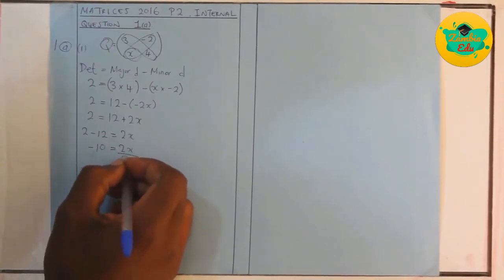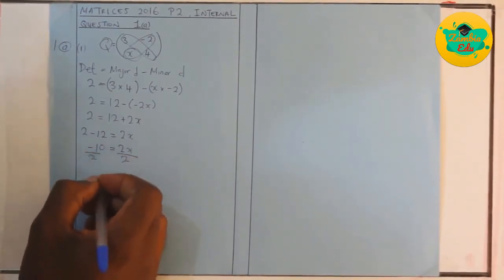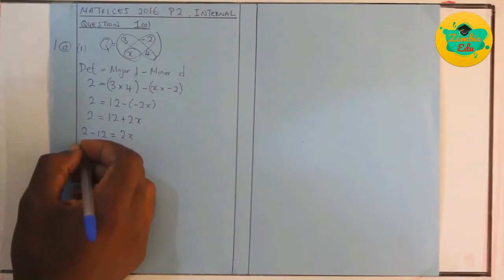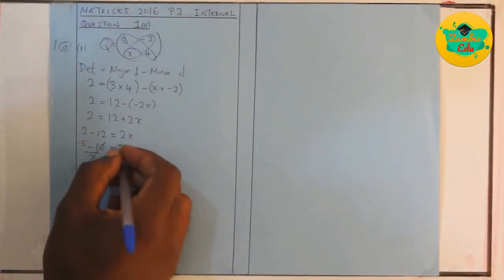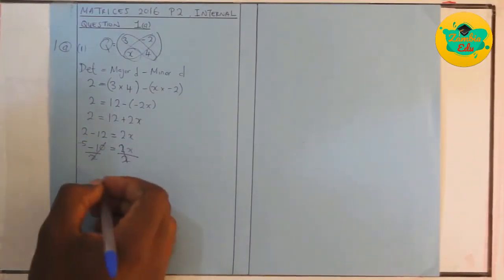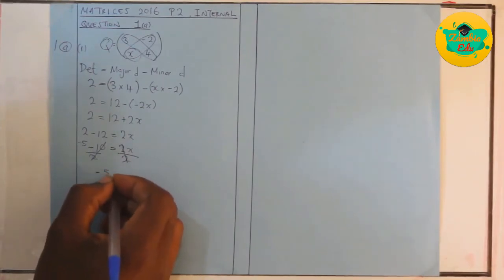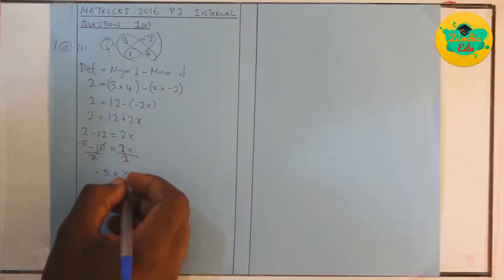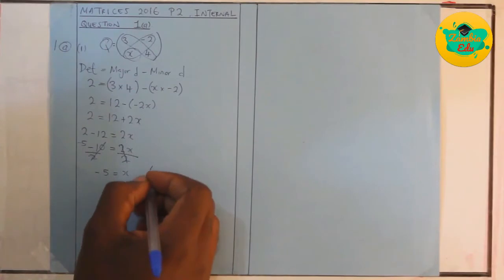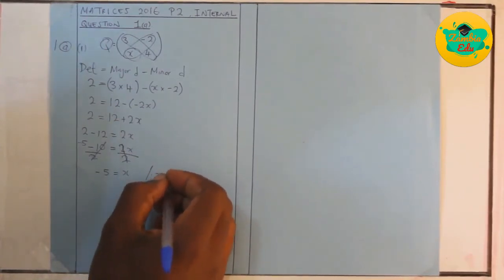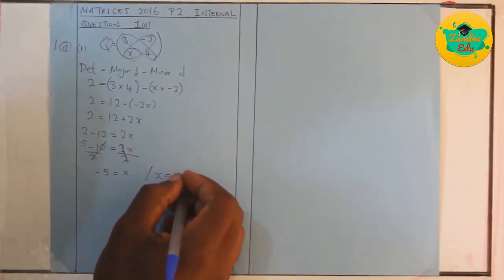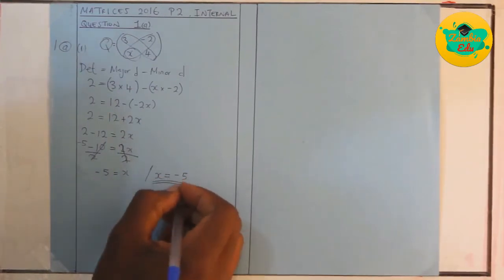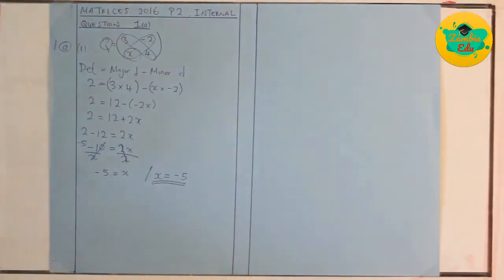We divide by 2, that gives us negative 5, and that gives us x alone. So negative 5 is equal to x, which is the same as x is equal to negative 5. Good. You do that, you are done.